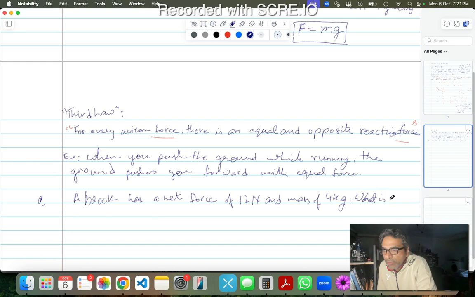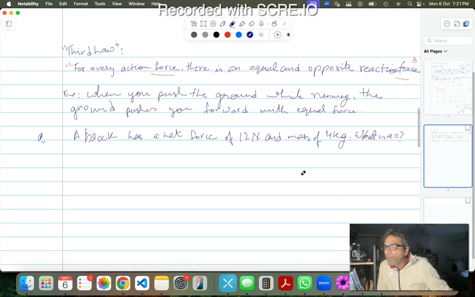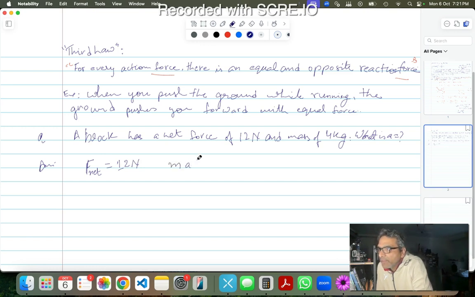Can you solve it? So first, what you tell me, I will write it down. First, we do what is given, right? Again, F net is equal to 12 Newton. Then mass is equal to 4 kg.